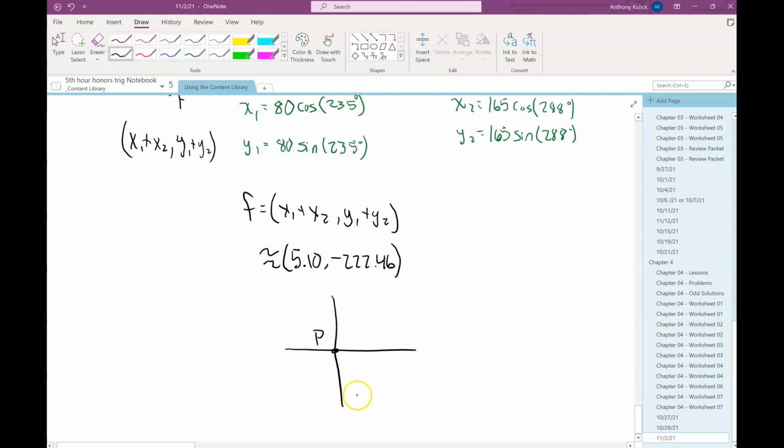So there's my port. There's my final position. So we're really talking about that as my trip, right?